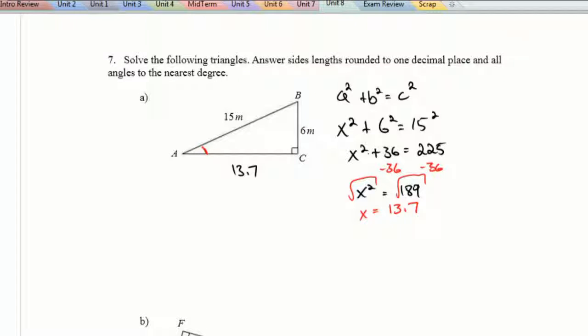So I'm trying to find this angle, we'll call it theta. It's a good one to use. If I go across, this is now the opposite side. My longest side here is the hypotenuse. So what am I going to do? Well, I have the hypotenuse and I have the opposite.